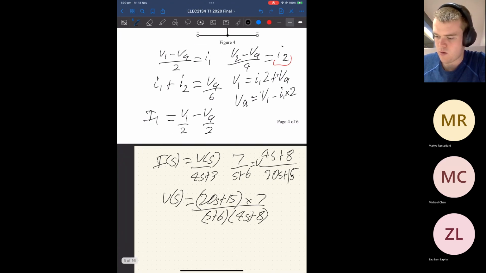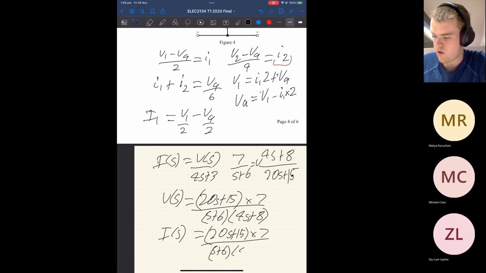And then we're going to get an I of s is equal to 20s plus 15 times 7, all on s plus 6, 4s plus 3, 4s plus 8.